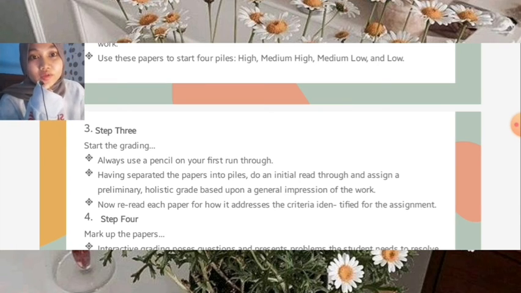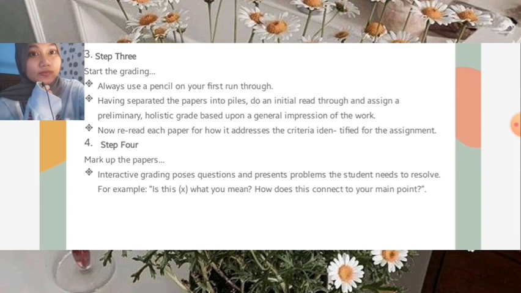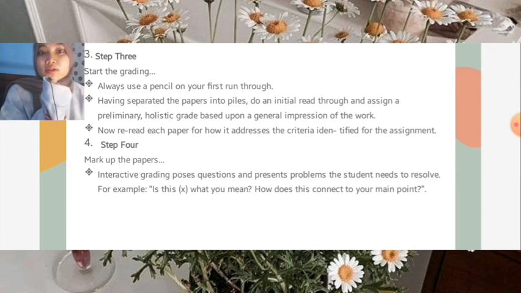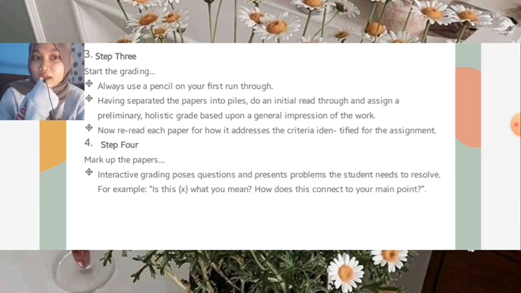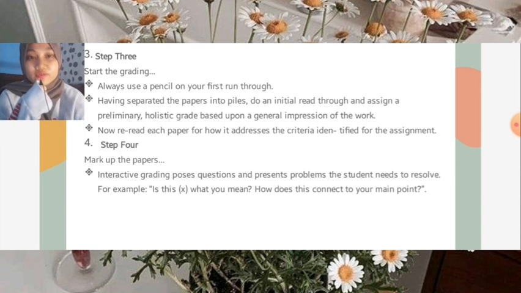Now, read each paper for how it addresses the criteria identified for the assessment. Step 4. Mark up the papers. Interactive grading process: ask questions and present problems the student needs to resolve. For example, is this what you mean? How does this connect to your main point?